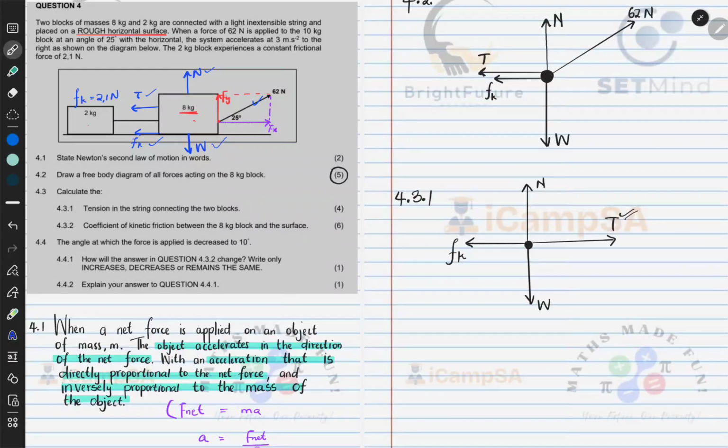If we're looking for tension, we'd have to consider the x-axis only and take forces about the x-axis, because tension is along the x-axis. In this case, we'd only be working with the frictional force and the tension, just 2 parameters. And we already know the frictional force Fk. So we can therefore be certain that we have to use the free body diagram from the 2 kilogram block.